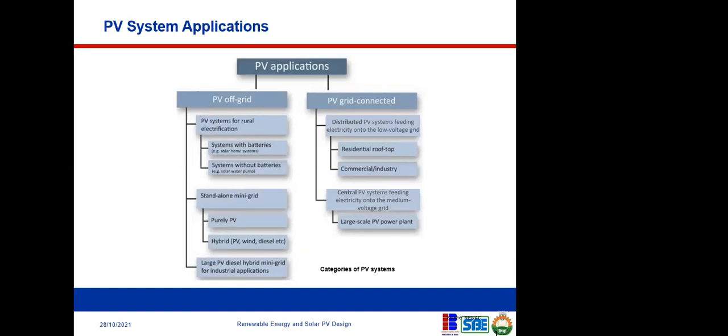Beyond that, you also have what is called the central PV system, feeding electricity into the medium voltage grid. This is where you have the large-scale PV power plants, just the same way you have your gas power plants. They feed directly into the grid. All of these are grid-connected categories.